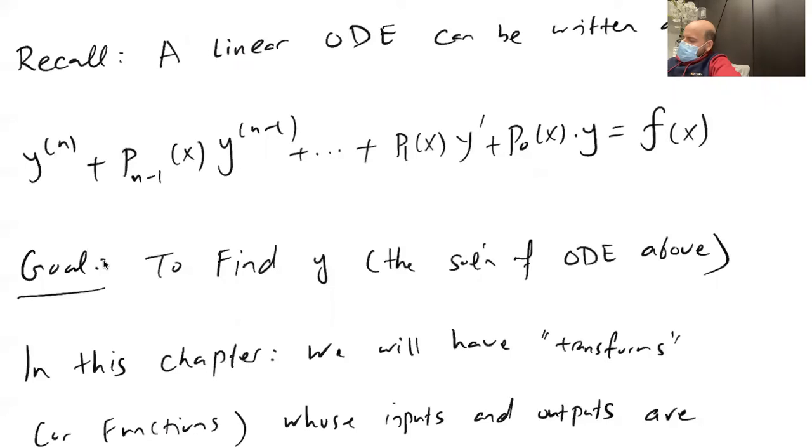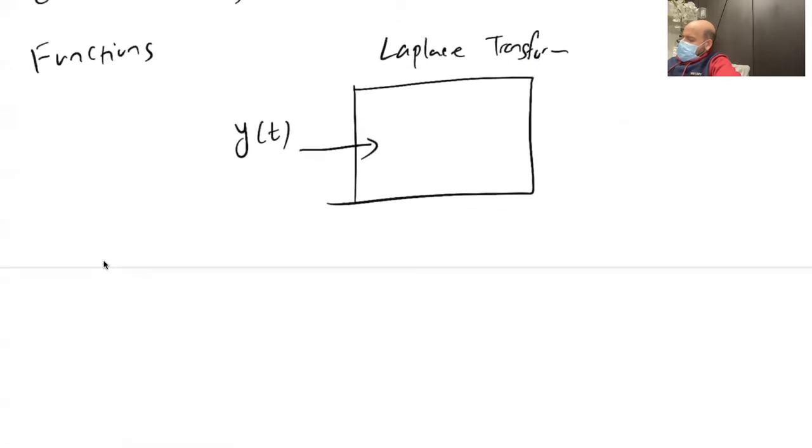If we work with a domain of t, the previous chapter we also worked with t, but we can also replace it here with t. So we feed y of t to our Laplace transform, and then the output is also a function, which we can call capital F of s. So inputs and outputs are functions.